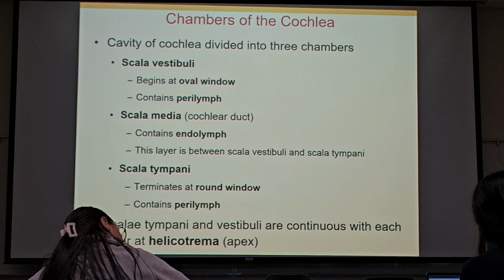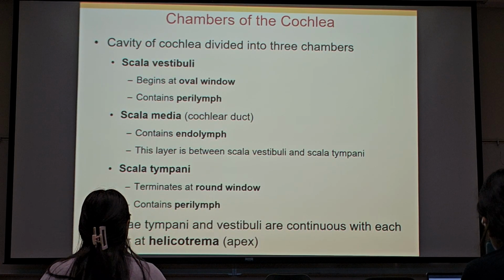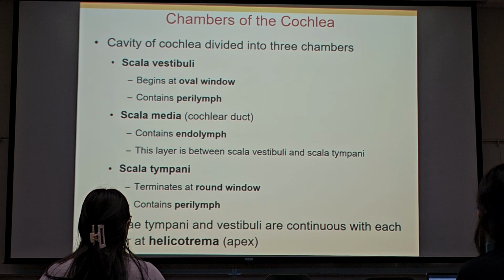That is membranous labyrinth. Inside of that is endolymph. This chamber, scala media, lies between scala vestibuli and scala tympani. Scala tympani contains perilymph, so that's surrounded again by bone. And it's going to end at what's called the round window. That's the exit from the cochlea.